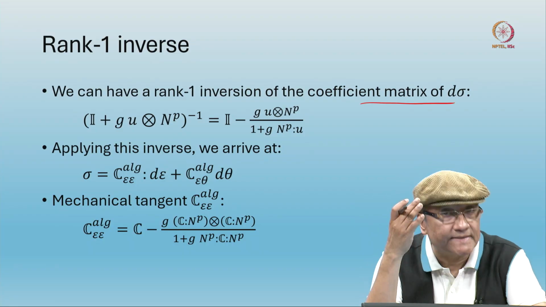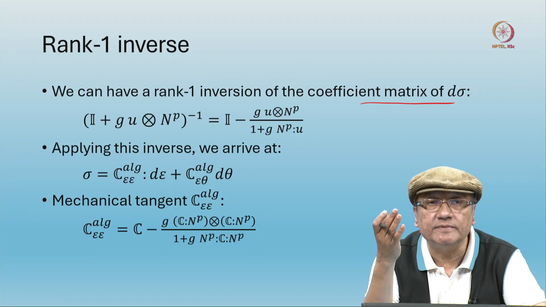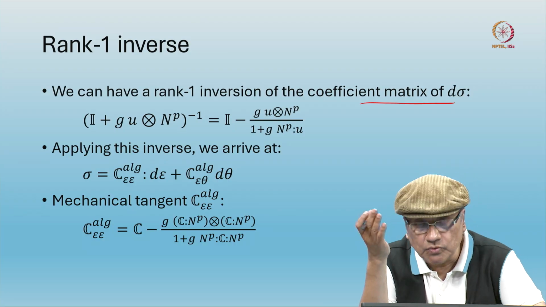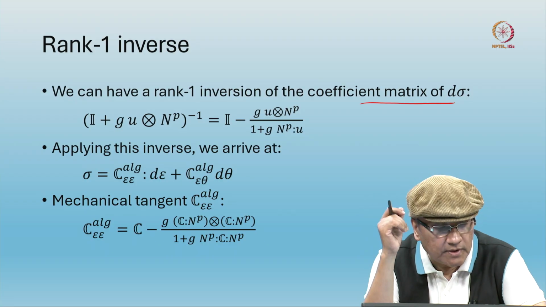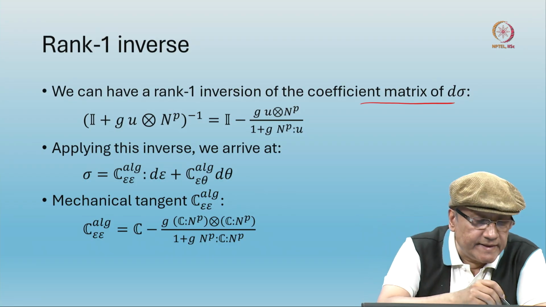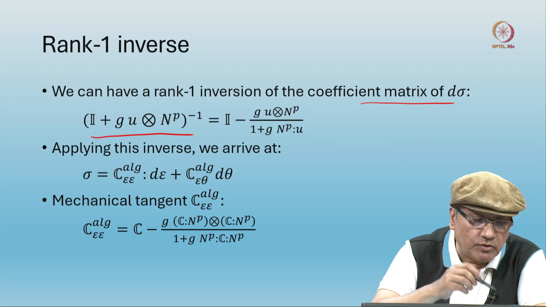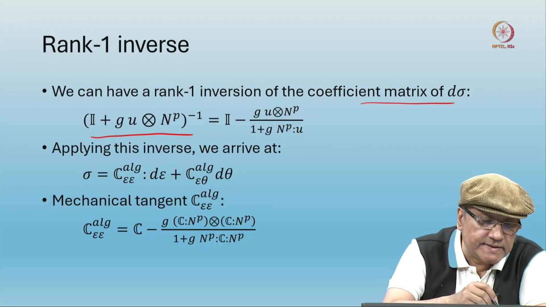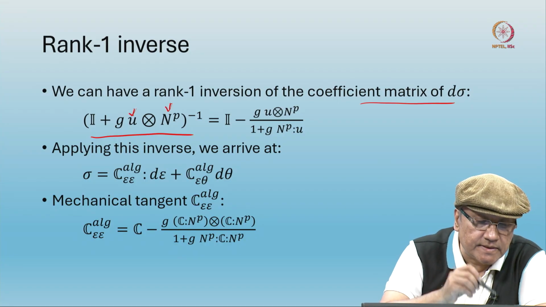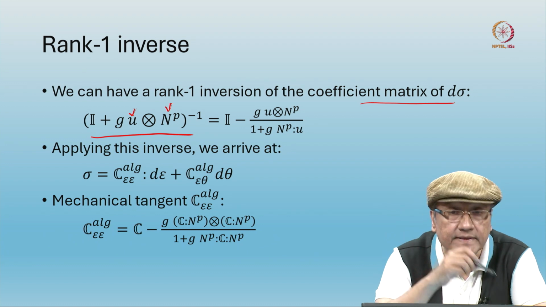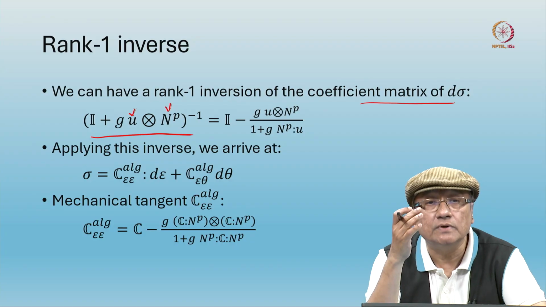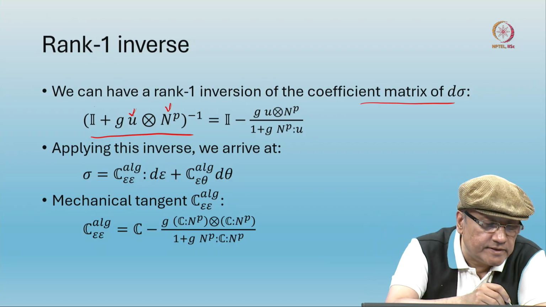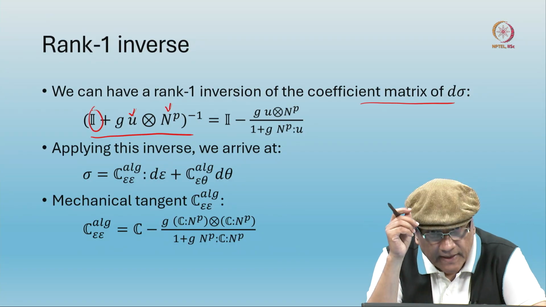We can do it in exactly the same way, the SMW rule, that is the Sherman Morrison Woodbury formula, to write the inverse of this. Remember that U is a second order tensor, NP is a second order tensor. So, their tensor product gives you a fourth order tensor. This I therefore is a fourth order tensor, right.